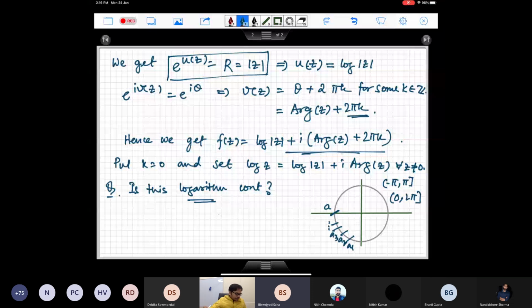All of us agree to that? Do we all agree that logarithm is therefore not a continuous function because the argument is not a continuous function?